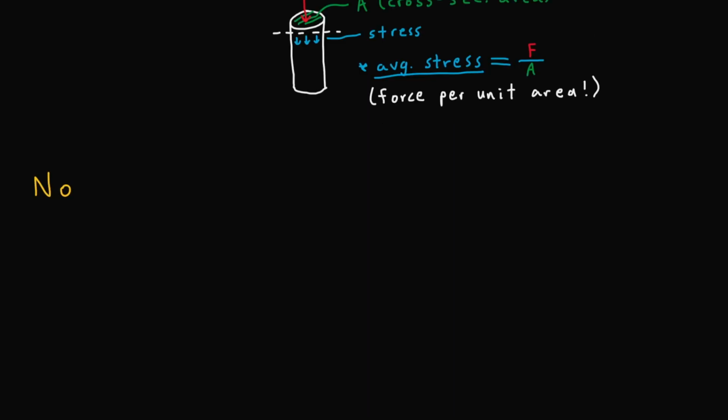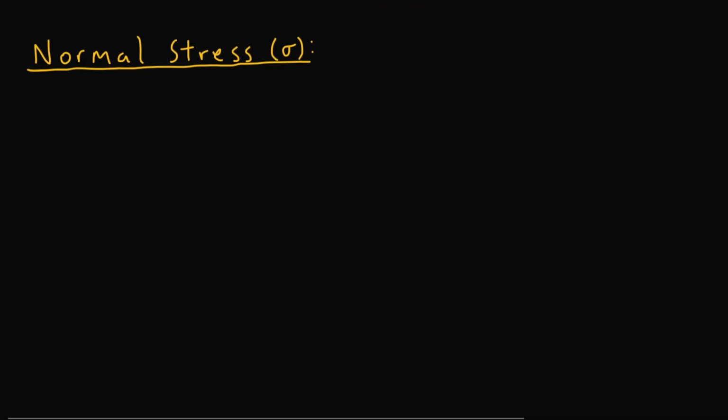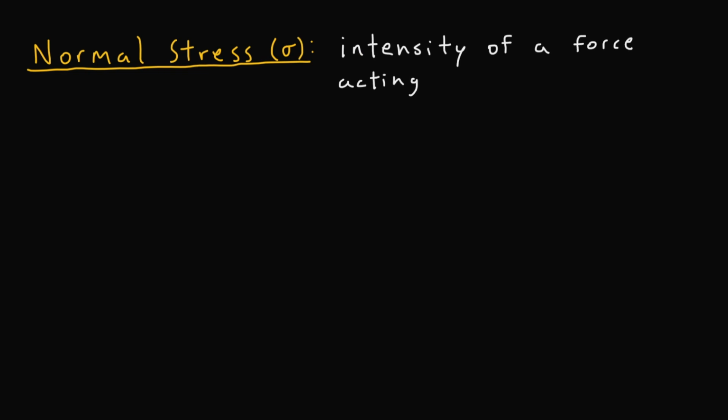And now a more specific type of stress is one known as normal stress, which is represented by lowercase sigma. Normal stress is, again, an intensity of a force, but specifically one that acts normal to a surface or plane, which we can again consider as an area.